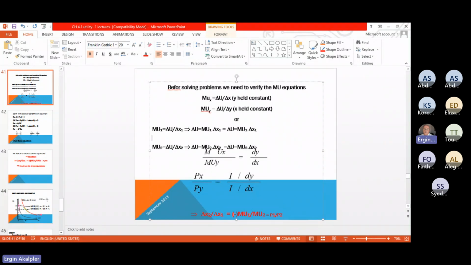The marginal utility means delta u, which is u2, sorry, minus u1, divided by delta x.